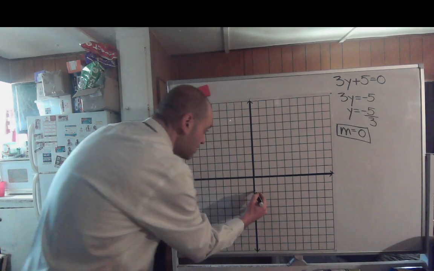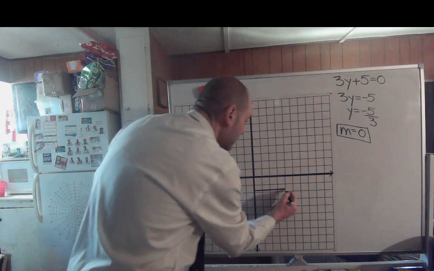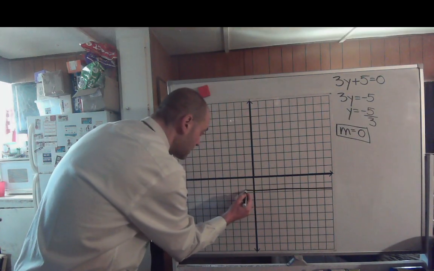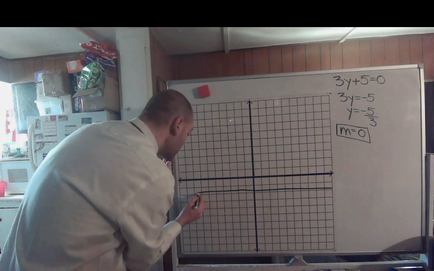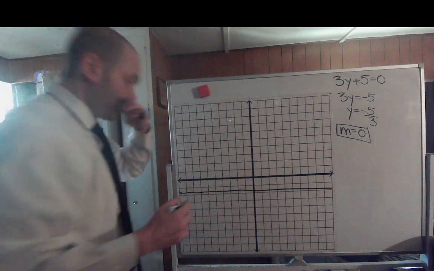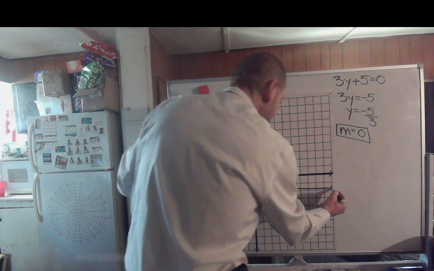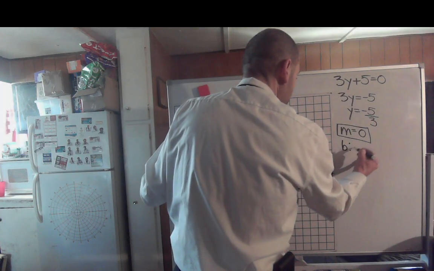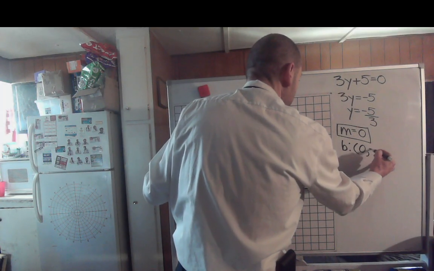Right about here, it'll be a continuous horizontal line through y equals negative 5/3, which means your y-intercept, of course, is going to be at 0, negative 5/3.